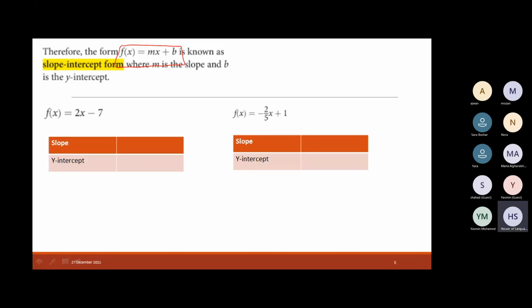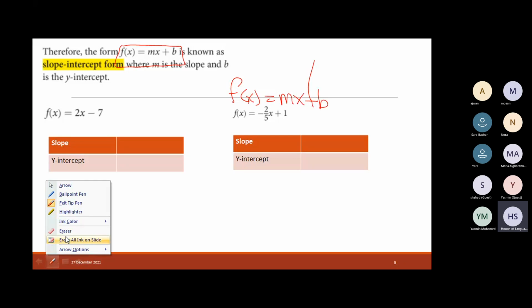Look at the first one here. f of x is 2x minus 7. I told you the function is mx plus b. What is the m? Bravo.